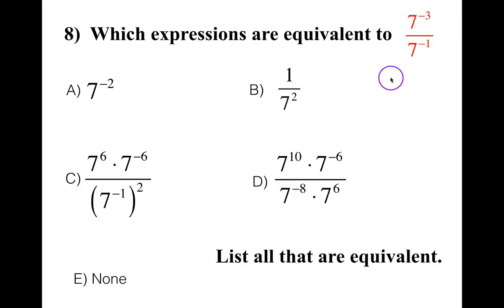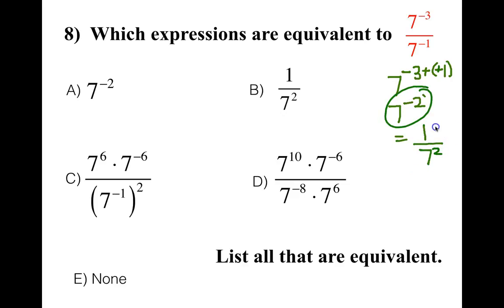So I'm going to go ahead and use the properties, and since we're dividing, I'm going to subtract the exponents. So here we have 7 to the negative third minus a negative 1, which is going to leave us with 7 to the, here I'm going to add the opposites, which is going to leave me to negative second. So this would be an equivalent expression, or you can see it as 1 over 7 squared.